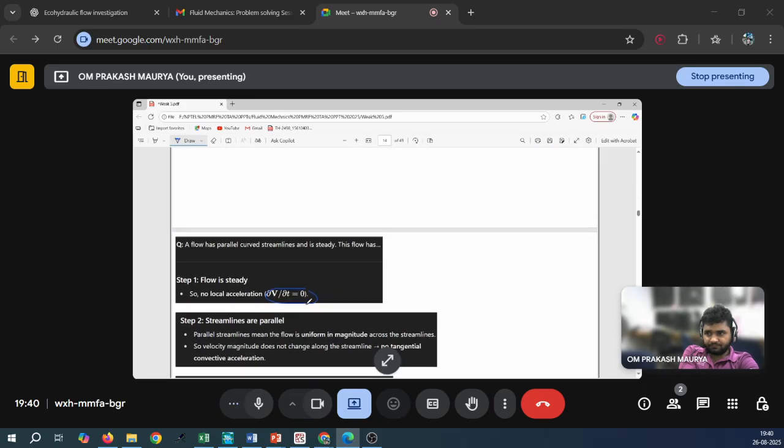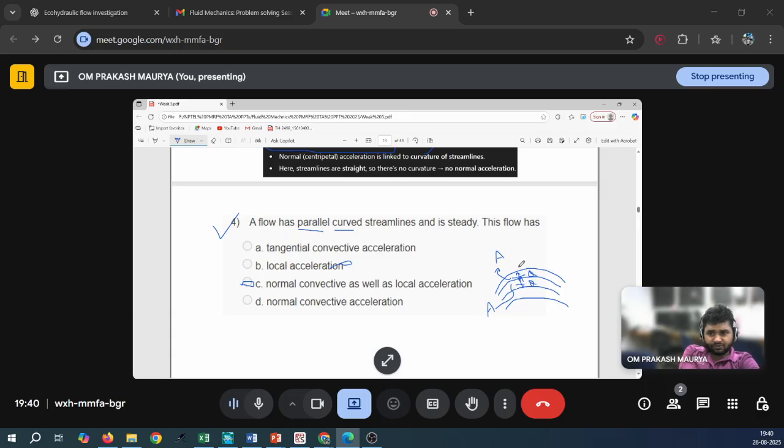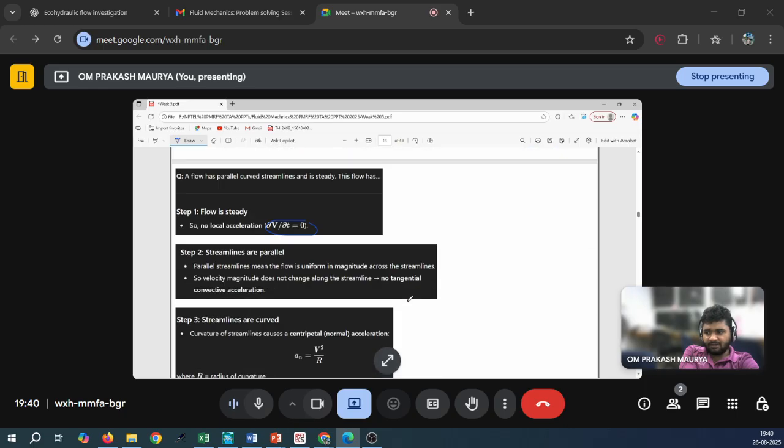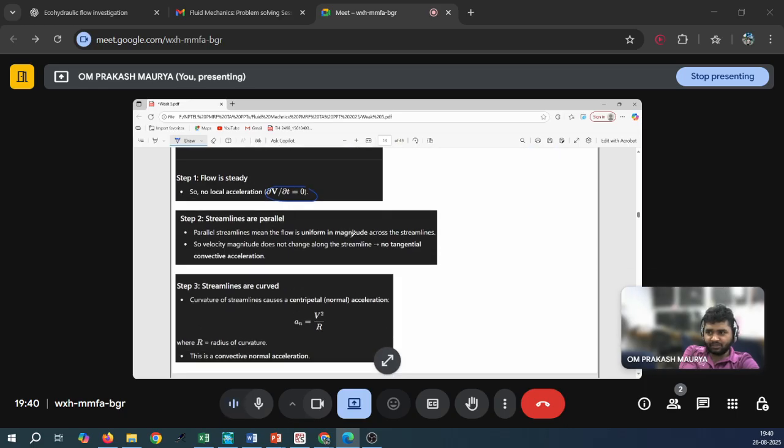So if velocity is the same and area is the same, we can say this is uniform flow, uniform in magnitude. So the statement is written: the parallel streamline means the flow is uniform in magnitude. Why uniform? Because if the area is the same, the velocity will be the same across the streamlines. So velocity magnitude does not change along the streamline, so no tangential convective acceleration.